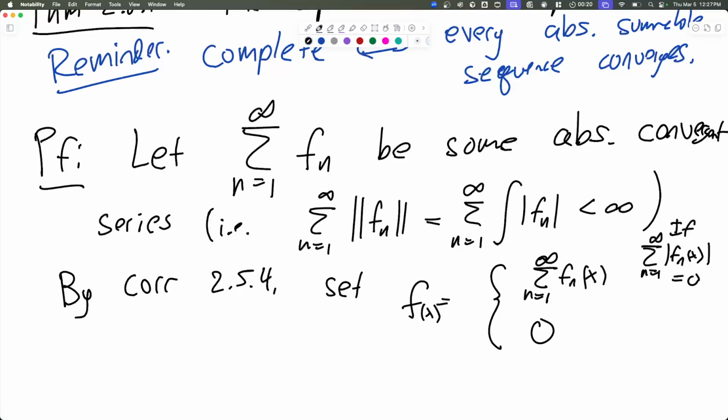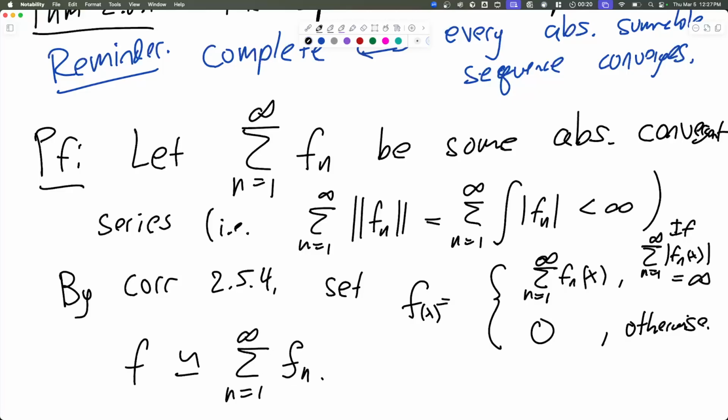Let's just write it up. So basically, add them up as long as this works. And corollary 2.5.4 says f is equal to the infinite sum. So if you have condition A, you can always define f in this way, and then you'll have condition B that you want by the way you cooked it up. It works exactly the way you want.